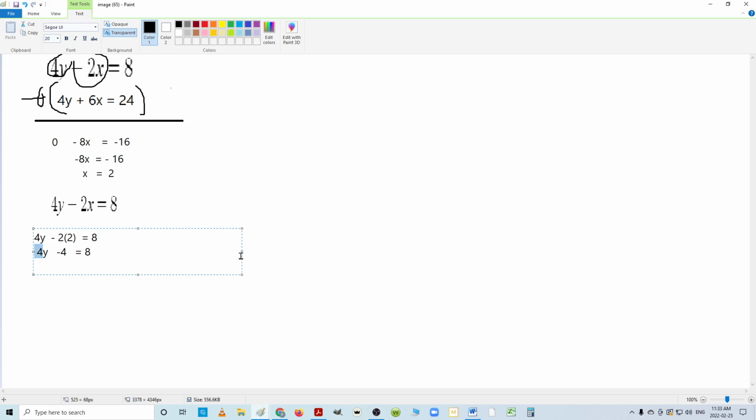What's happening to y? I'm trying to get y all alone. It's being multiplied by 4, and 4 is being subtracted from it, so I'm going to do the reverse. I'm going to add 4 to both sides. It's always got to be both sides. I'm left with 4y is equal to 12. I'm going to divide both sides by 4. 4y divided by 4 is y, and 12 divided by 4 is 3, which means the point of intersection for these two lines should be 8, 3.